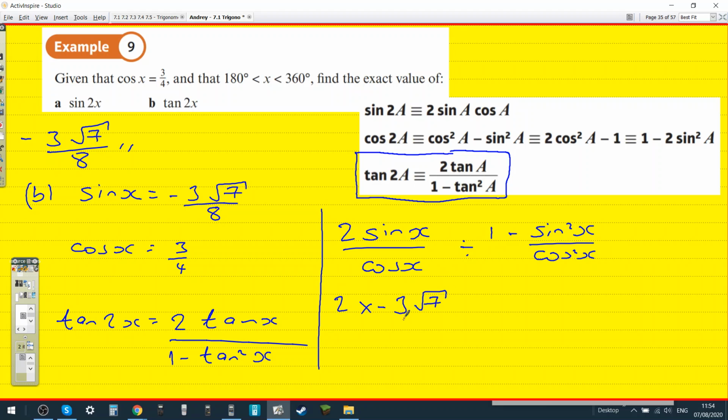Oh yeah, times 2, sorry. Divided by 3/4. Divided by 1 minus minus 3 root 7 over 8 squared, over 3/4 squared. Yep.